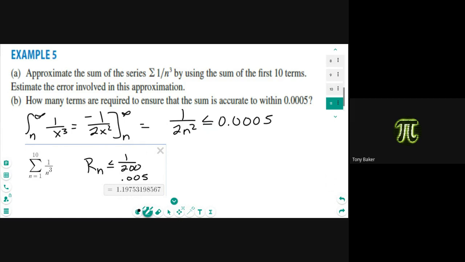So how do I solve this for n? The reciprocal. So 1 over 0.0005 times 2n squared.